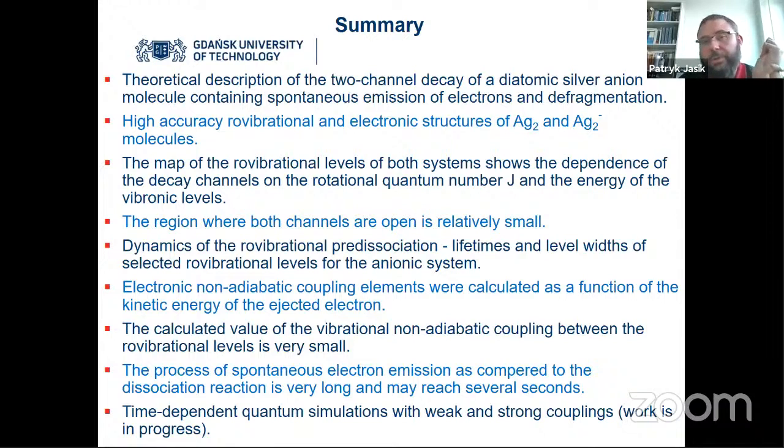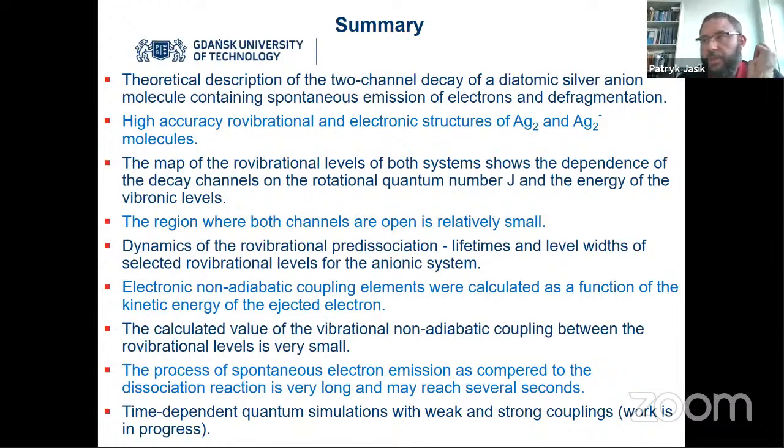We were able to map the ro-vibrational levels of both systems and show regions in which two channels are open, or only one channel is open, and the region where two channels are open is really small. Later we calculated dynamics of the ro-vibrational predissociation, some lifetimes and level widths.